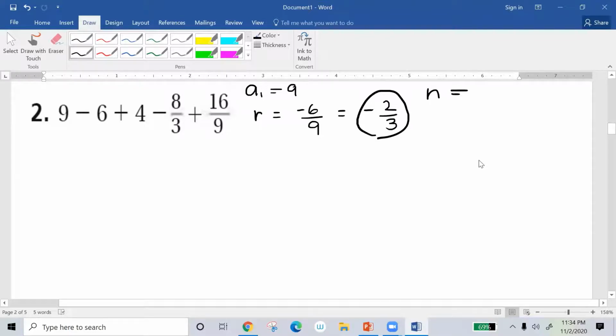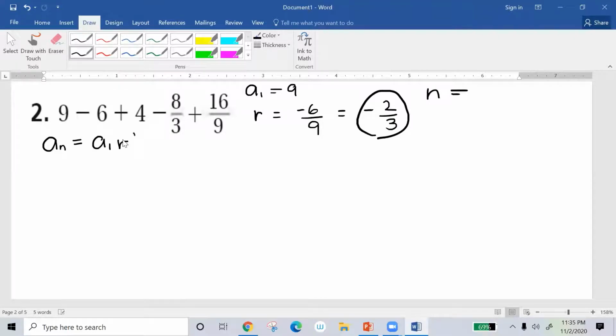Now, we will use explicit formula to find the number of terms. So explicit formula is a sub n is equal to a sub 1 times r raised to n minus 1. Okay, a sub n is our last term. What is our last term? 16 over 9.